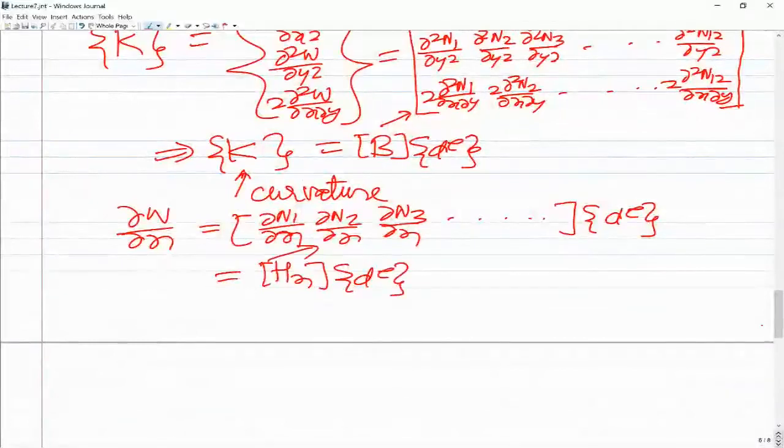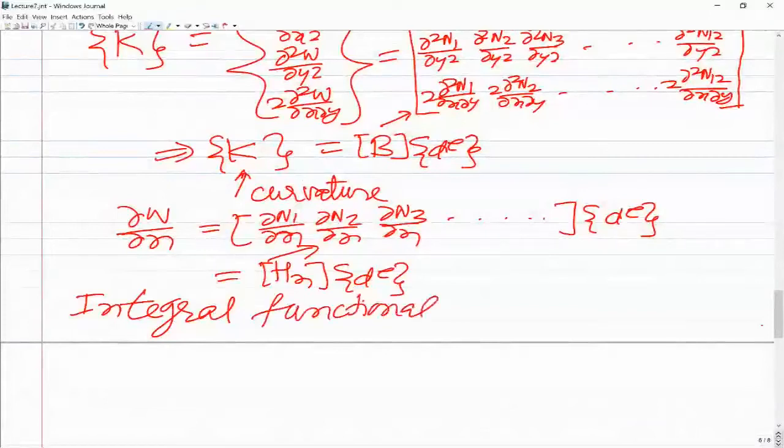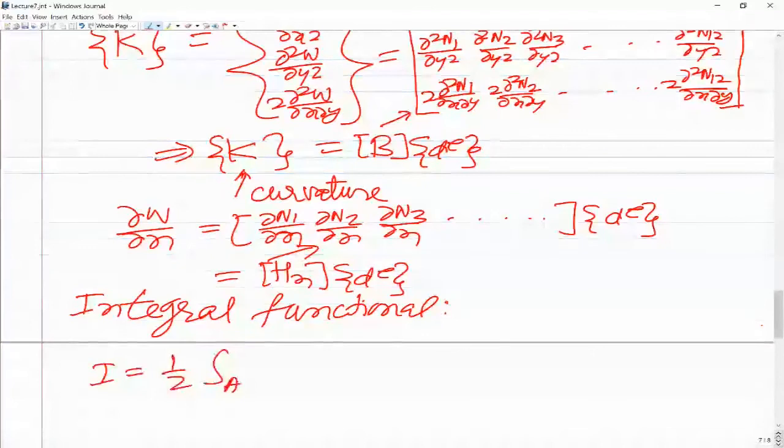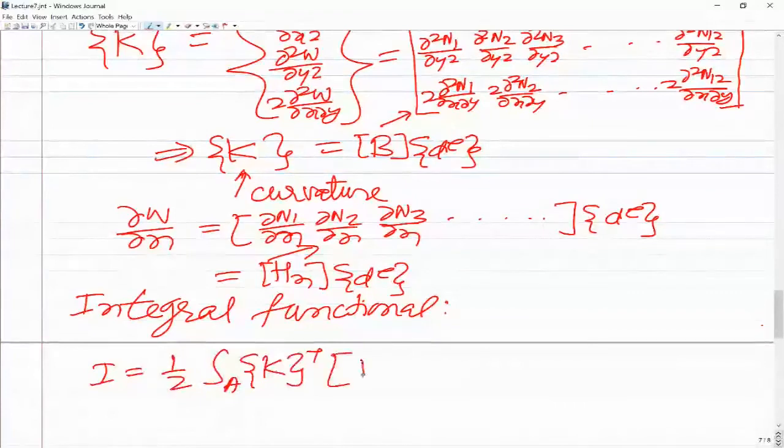Now if you look at the integral functional which we had written in the last class, the integral functional I is equal to half the integration over area, and you can write it in terms of kappa transpose into matrix D into kappa dA.